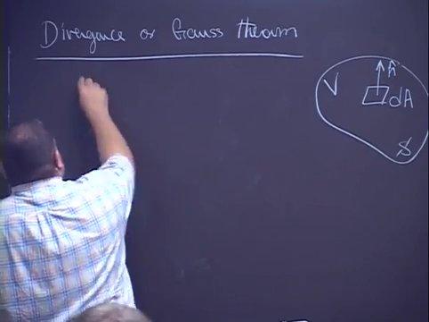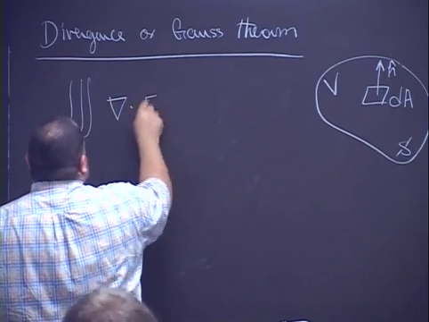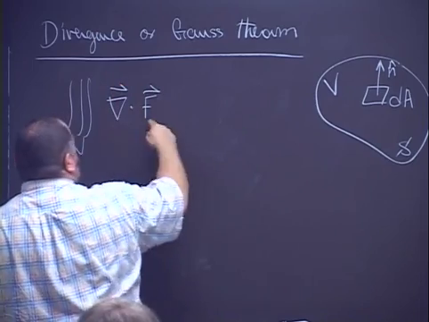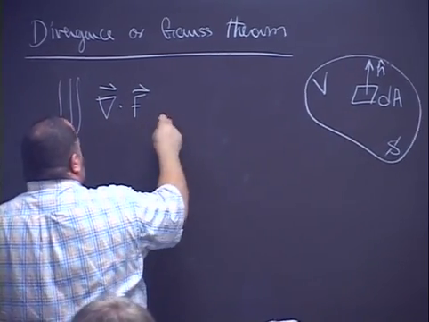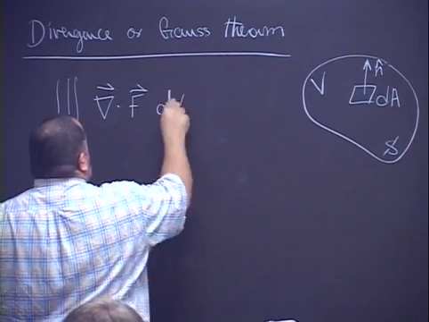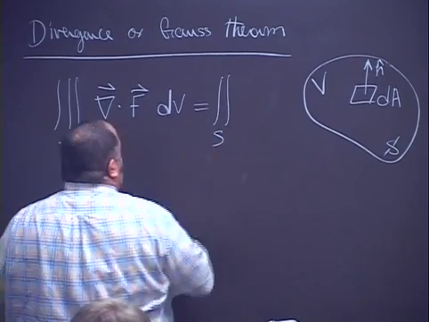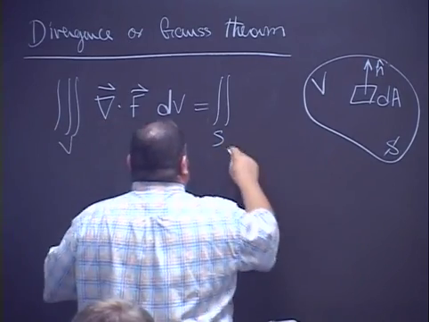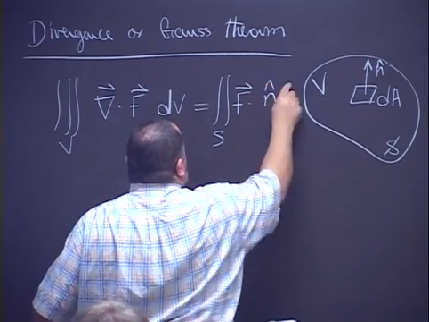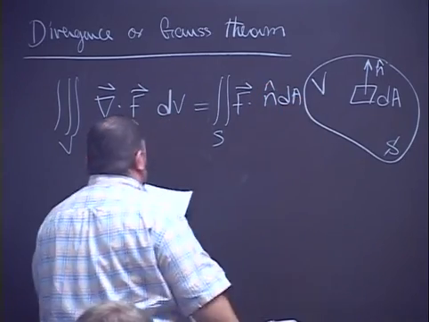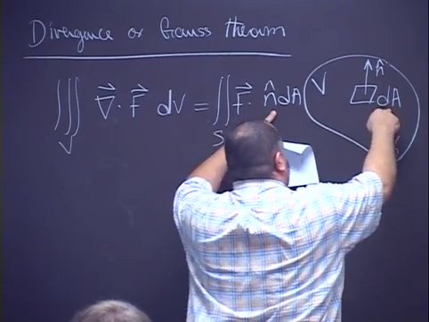So the theorem says that if you have the divergence of a certain function f evaluated inside the volume, it can be equal to the same function f dot n dA, where n is the normal and dA is the differential area.